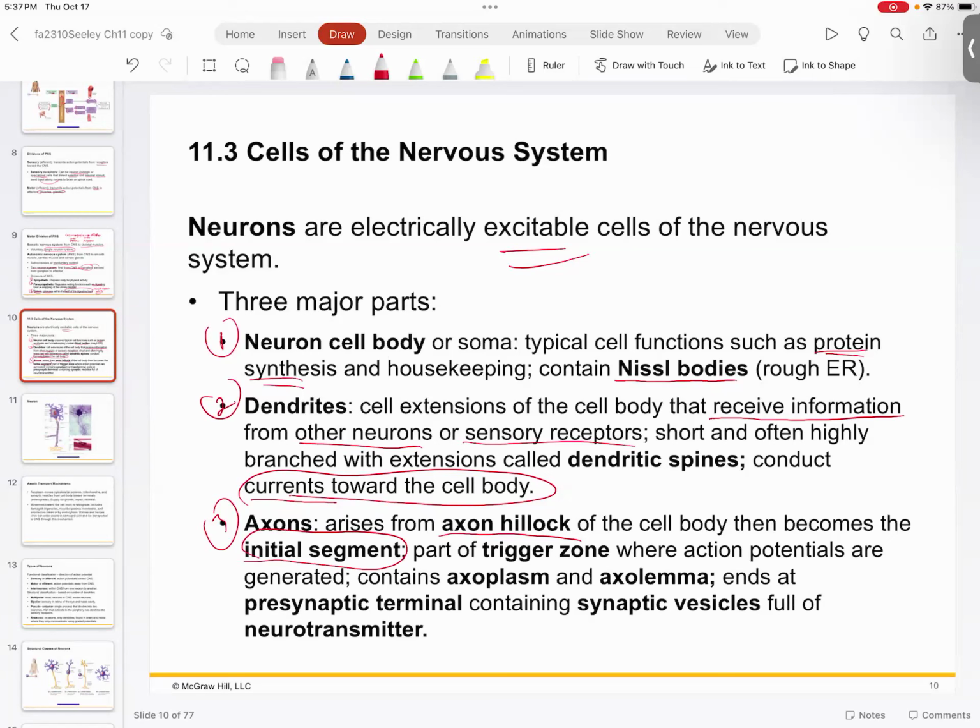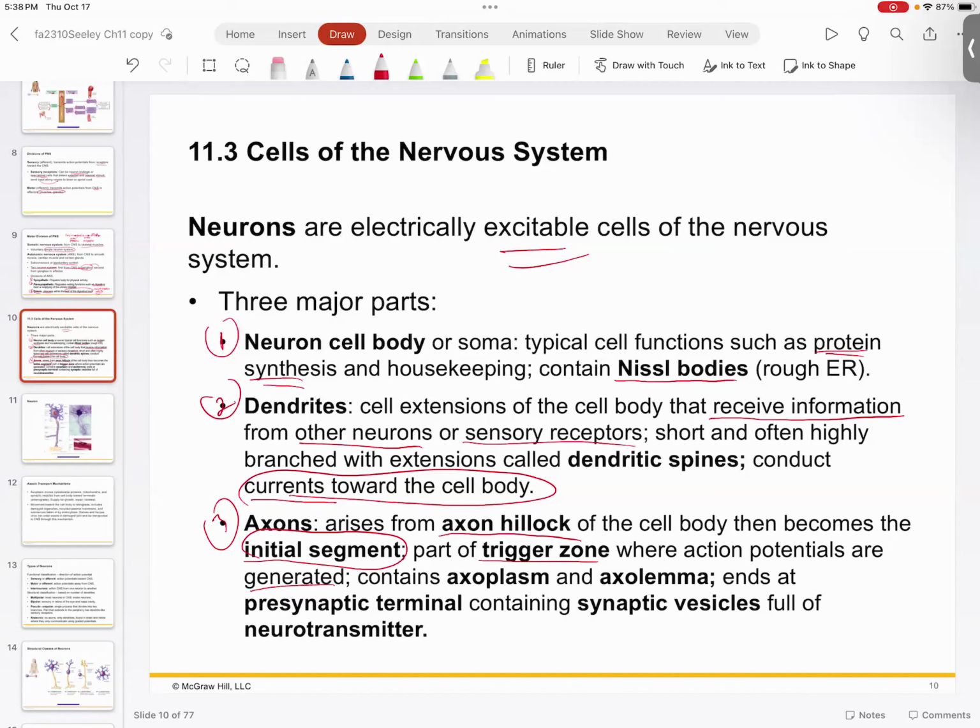We often refer to this as the trigger zone, where the action potentials are generated, and then they start to move down the axon. If you remember the slide when we were talking about the control of the physiology, the voltage gates and the rolling depolarization of the voltage gates, that initial generation of the action potential is happening in this axon hillock, this trigger zone area.